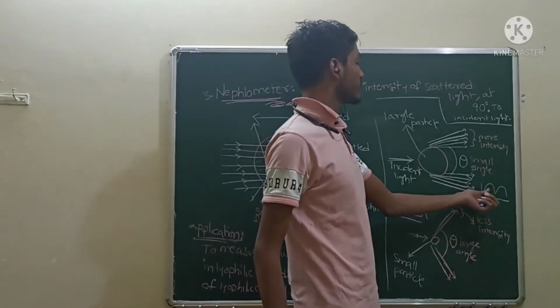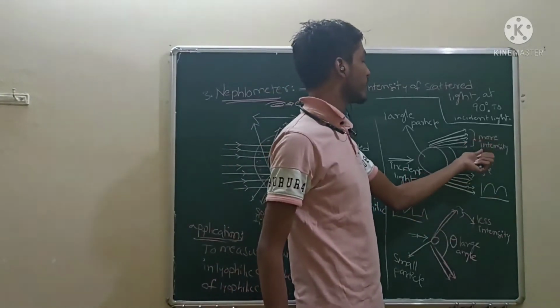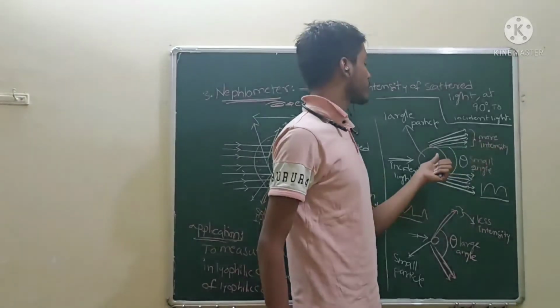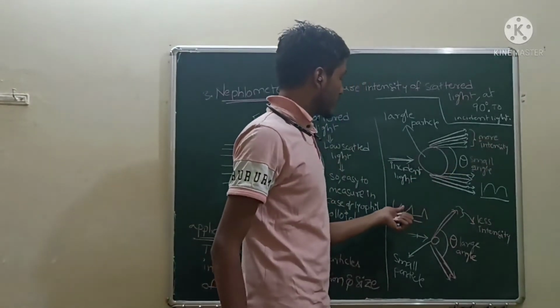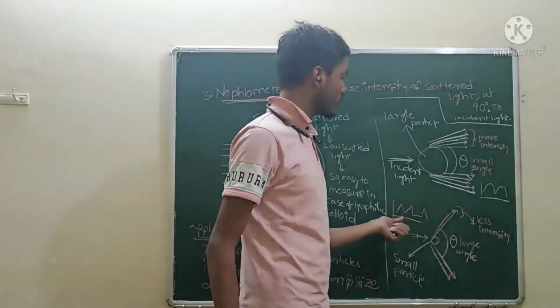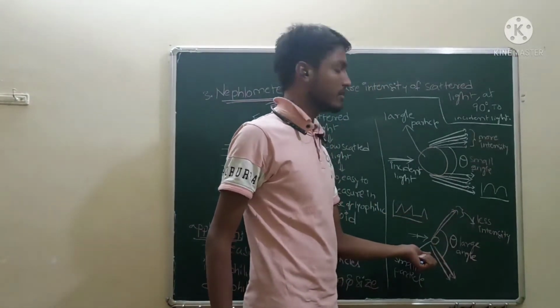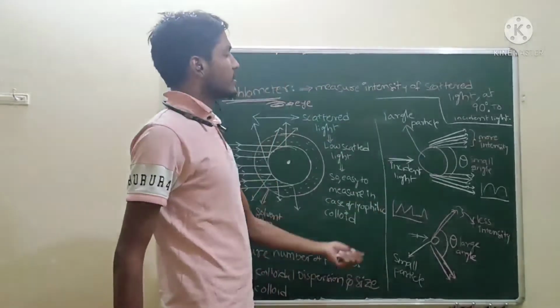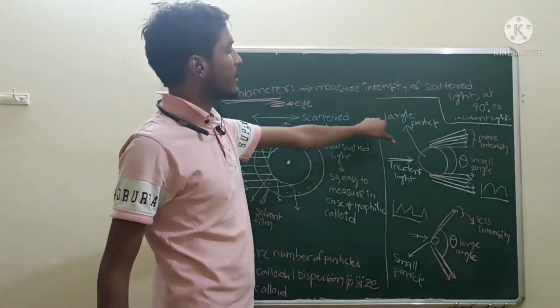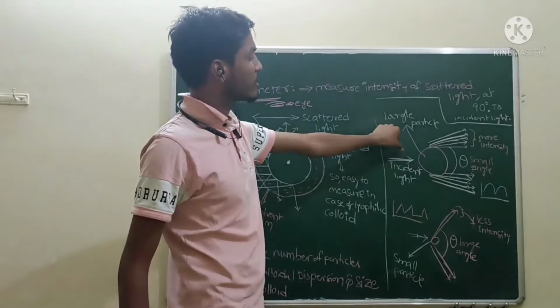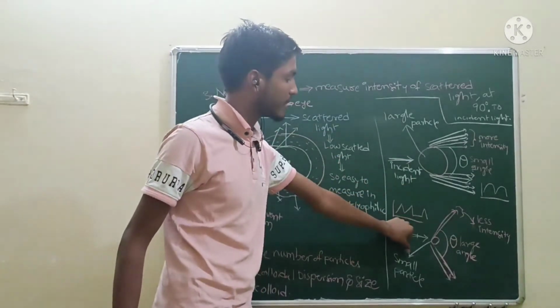The broad peaks are due to the more intensity produced by the large particles, and smaller sharp peaks are due to the less intensity produced by the small particles. This is the major difference. How can we measure the large particle? How can we measure the small particle?